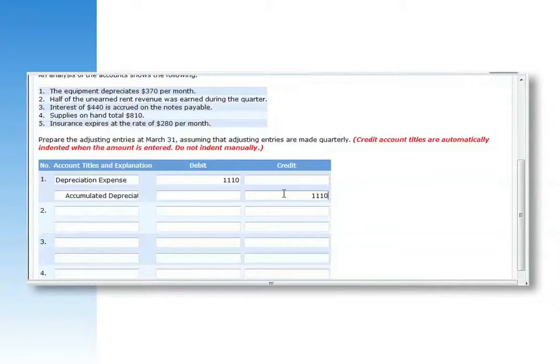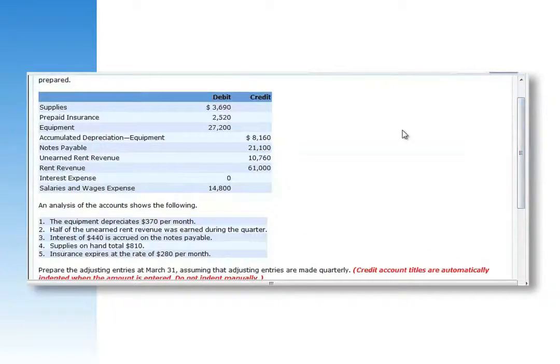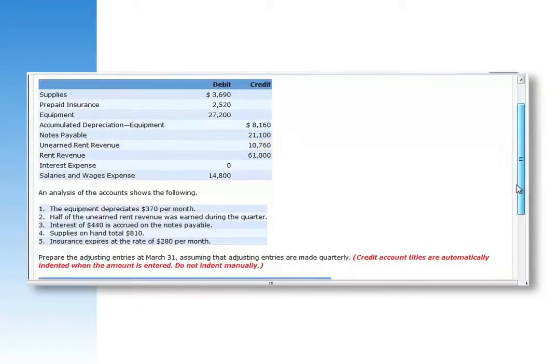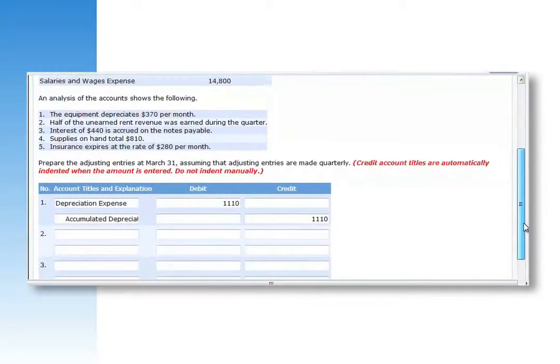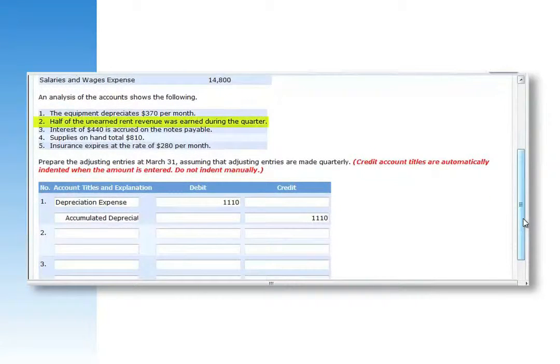The second adjustment relates to unearned rent revenue. The company has an unadjusted balance in their unearned rent revenue of $10,760, and we're told that during the 3-month period, half of the unearned rent revenue was earned during the quarter.